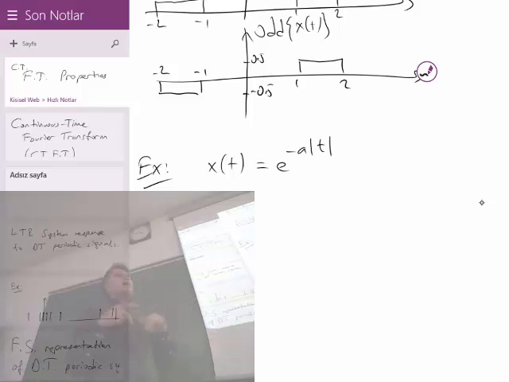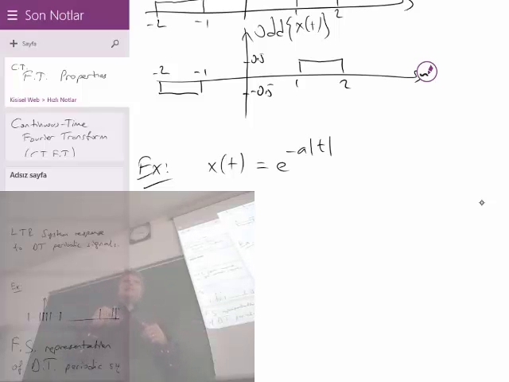So this thing, unlike the first example, is totally symmetric. And therefore, we will expect its Fourier transform to be real, without any imaginary parts. But if you remember the first example that we covered, the Fourier transform was 1 over a plus j omega, which was complex, because there was a j.